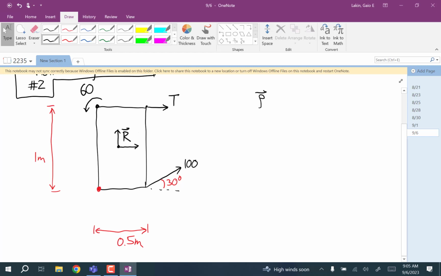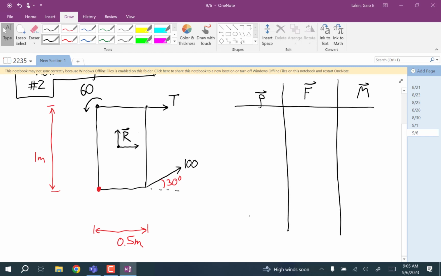And then, okay, row vector, force vector, moment vector. So for the force R, let me start with that. The row vector is, the thickness is 0.5, so you have to go in the positive x direction 0.25.